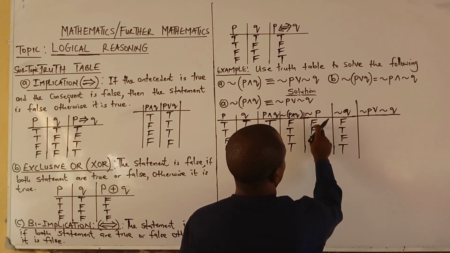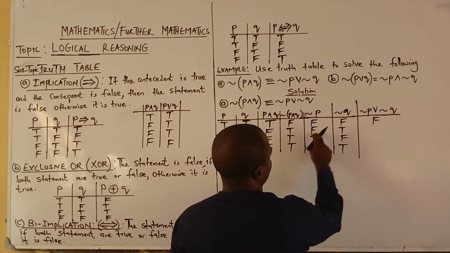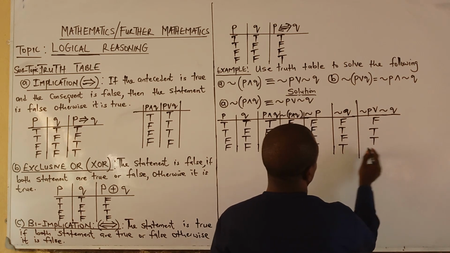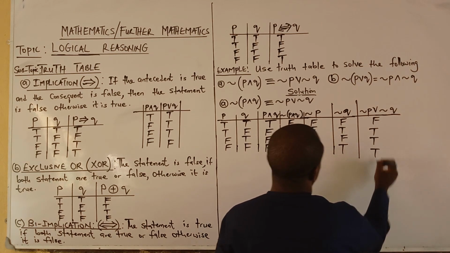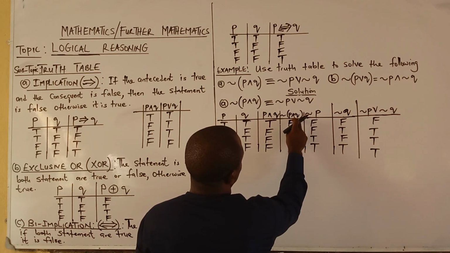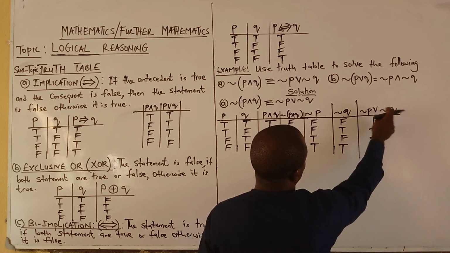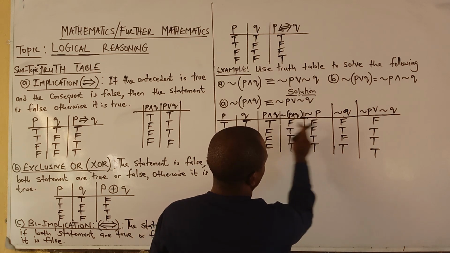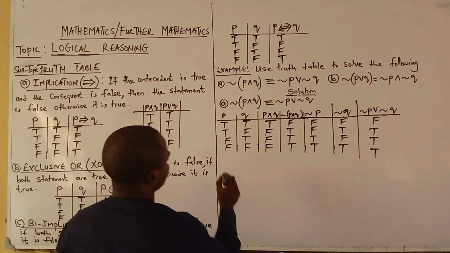You have F, T, you pick T. T, F, you pick T. You have to pick true when you're having a mixture of F and T. T, T, you're having T. You can see it. You now go back and check. Negation of P conjunction Q must be approximately equal to negation of P disjunction negation of Q. Let's check. F F T T, T T T T. They are the same.